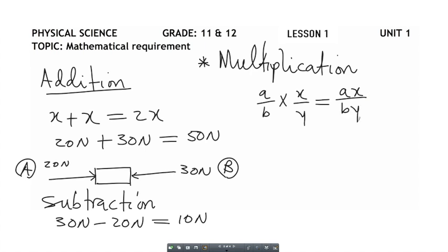So ax over by, which acts as a product of those variables of interest, a, b, x, and y, will give us the main product of that equation.